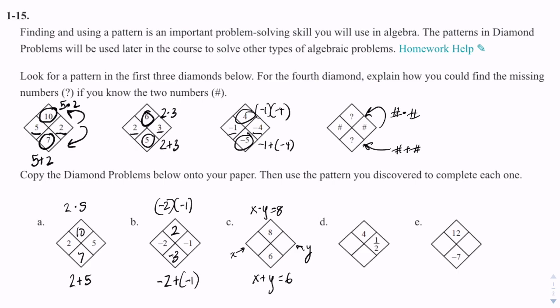So if I think of numbers that added give me 6, 1 and 5, but when I multiply those, I get 5, not 8. So then I try maybe 2 and 4, and when I multiply 2 and 4, I get 8. So now I know the two numbers. The two numbers are 2 and 4, and it doesn't matter which order you put them in, because 2 plus 4 is 6, and 2 times 4 is 8.